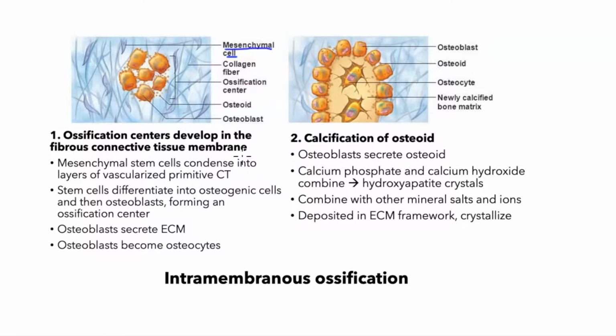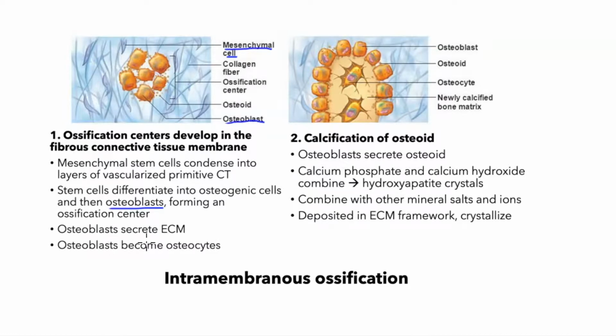And then these stem cells will differentiate into osteogenic cells, also known as osteoprogenitor cells, and then osteoblasts, forming an ossification center. So as a whole, this ball of cells is known as an ossification center, and these orange cells are osteoblasts here, which are derived from the stem cells.